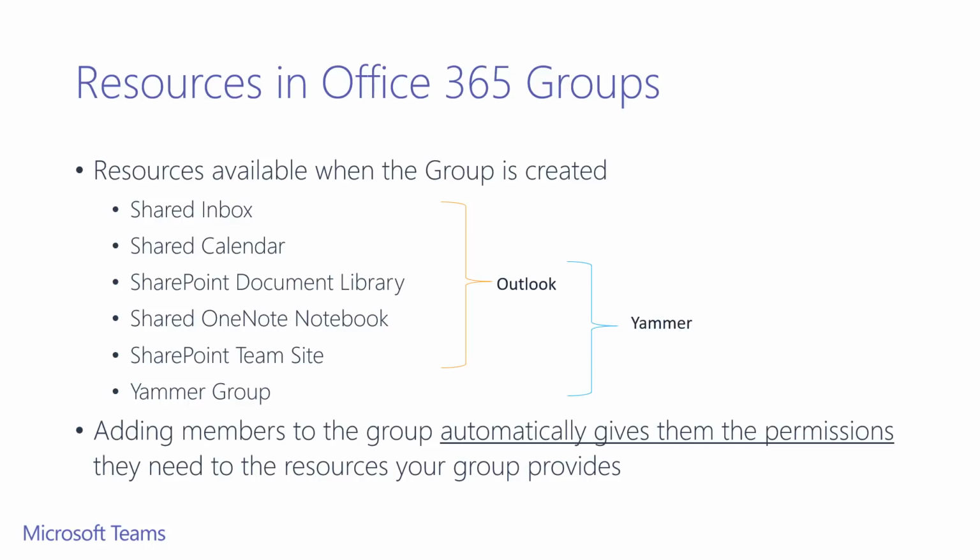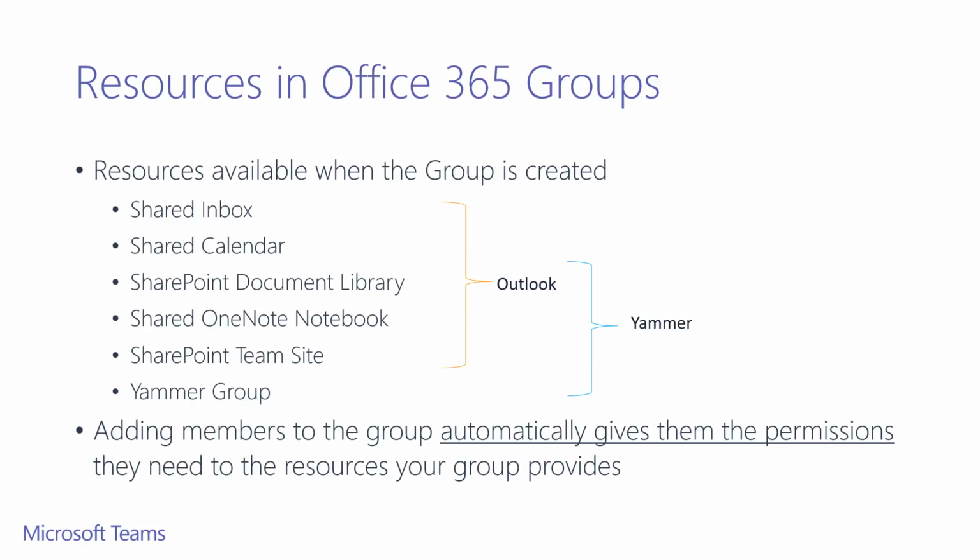Conversely, if I were to use Yammer to create the modern group, I would get the corresponding SharePoint document library, OneNote notebook, and team site, but instead of having access to an inbox and shared calendar, I would utilize a Yammer group, which makes sense since I would be utilizing the Yammer application.